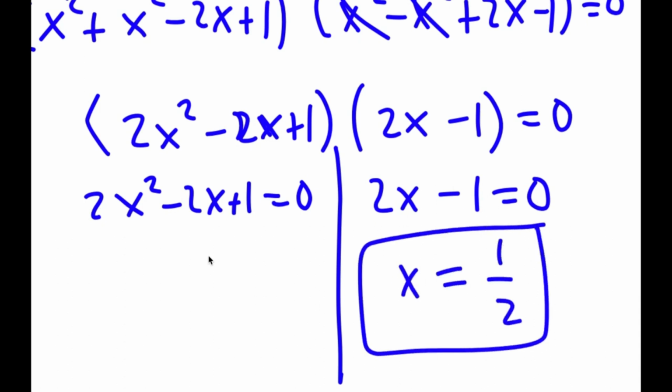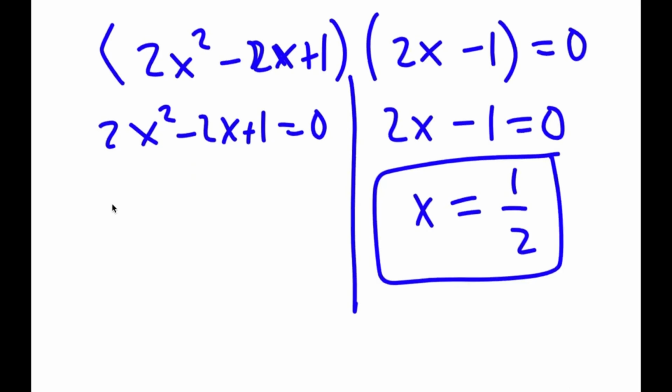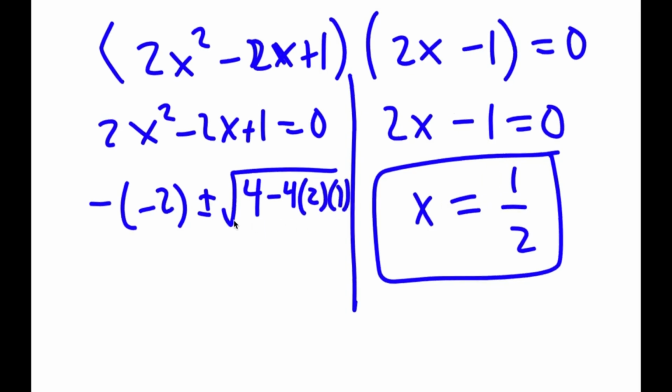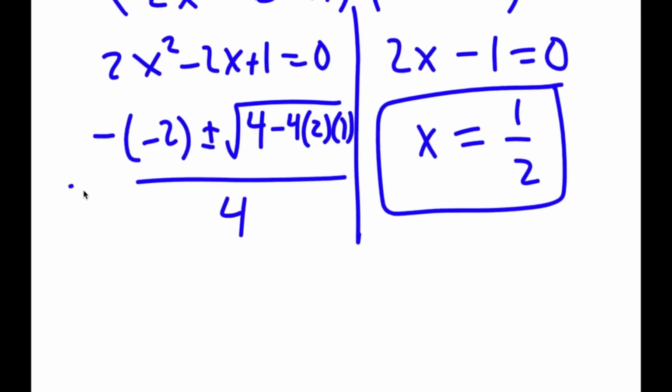That's a simple equation. And now for 2x squared minus 2x plus 1, we're going to use the quadratic formula, which is negative b, so negative of negative 2, plus or minus the square root of b squared, negative 2 squared, which is 4, minus 4 times a, which is 2, times c, which is 1. And all of this over 2a, so 2 times 2, which is 4.